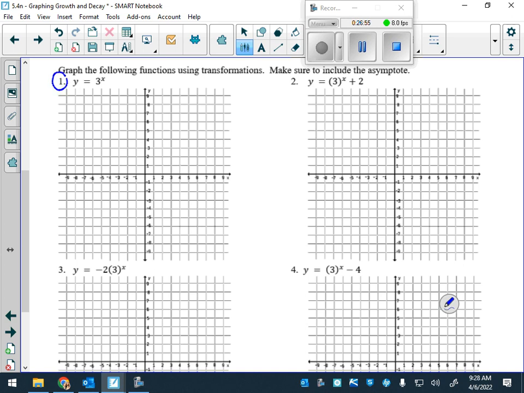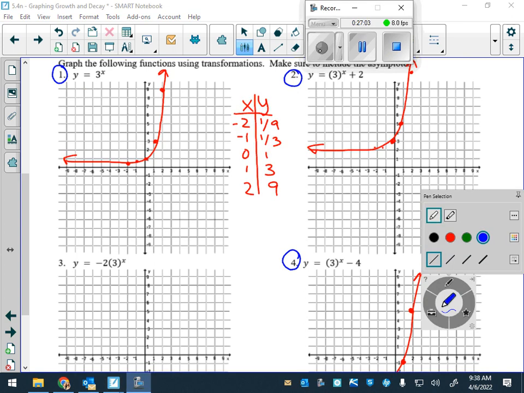Number 1, 2, and 4. Okay? 1, 2, and 4. So the first one, 3 to the x. This is what we should have gotten, okay, in terms of table of values. So I want you to add the following. What is our domain? Mia? Okay, our range.